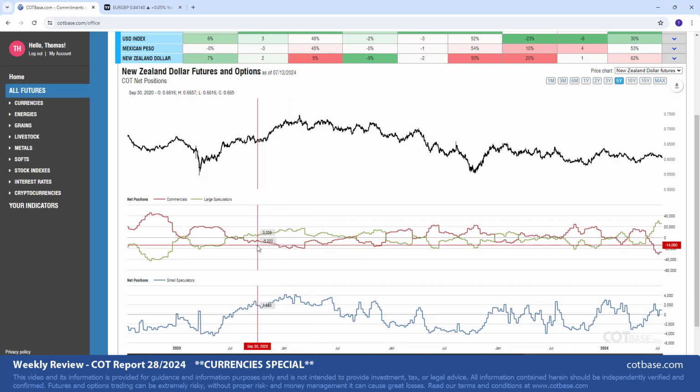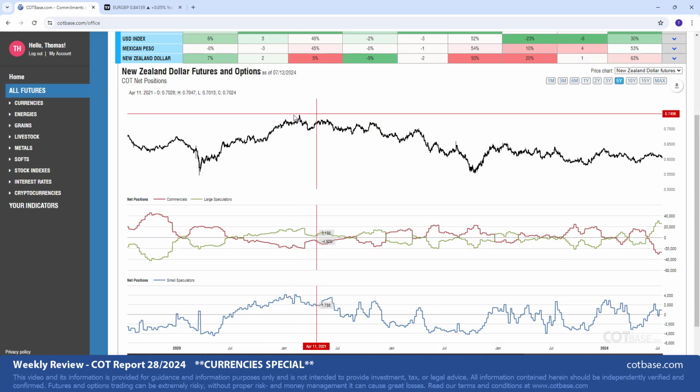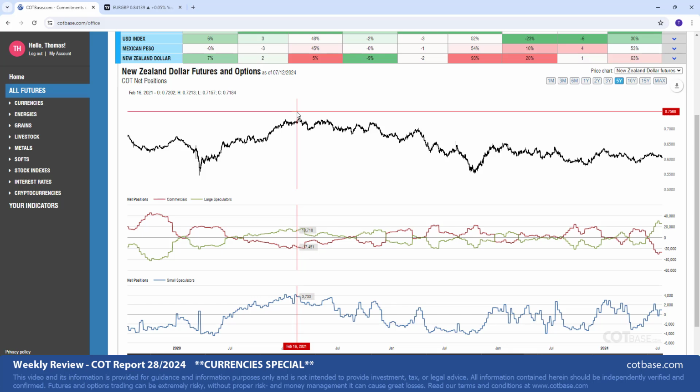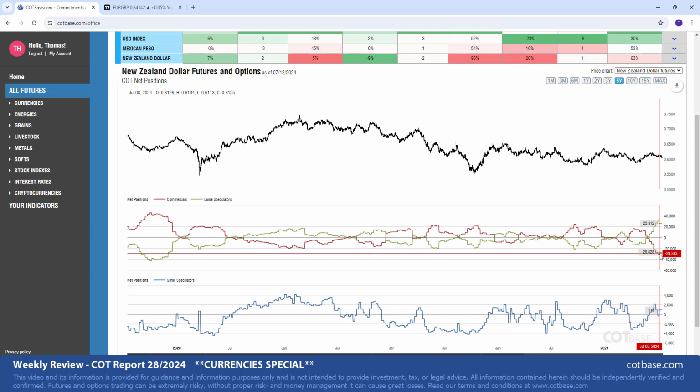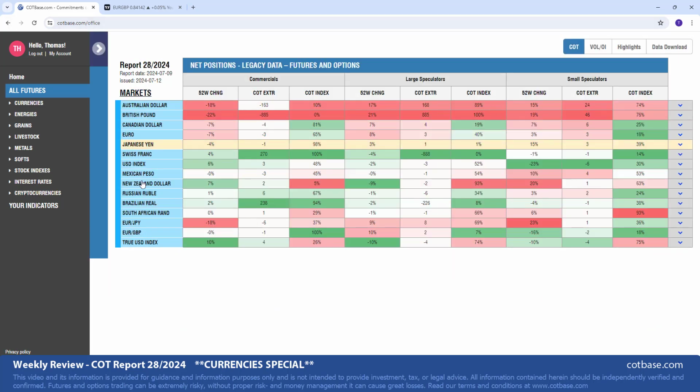You can see that the commercials went net short in June of 2020, and they kept their net short and increased their net short positions throughout 2020 up until early parts of 2021, and that correlated with the top in the New Zealand dollar against, of course, the US dollar. So this bearish extreme is even greater, suggesting that we should see some further weakening in the New Zealand dollar.